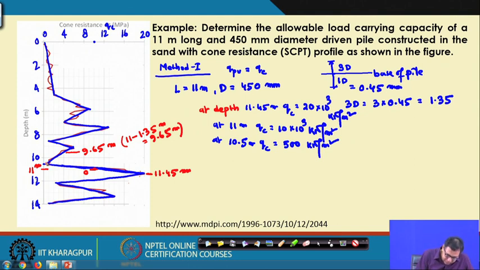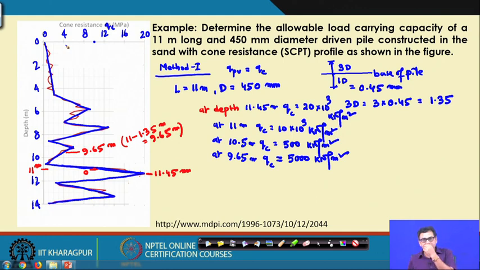So, this is one zone, then from here to here another zone, and from here to here at 9.65 meter, the QC value is coming out to be 5000 kilonewton per meter square, or 5 meganewton per meter square. So, this way you will get the QC value.